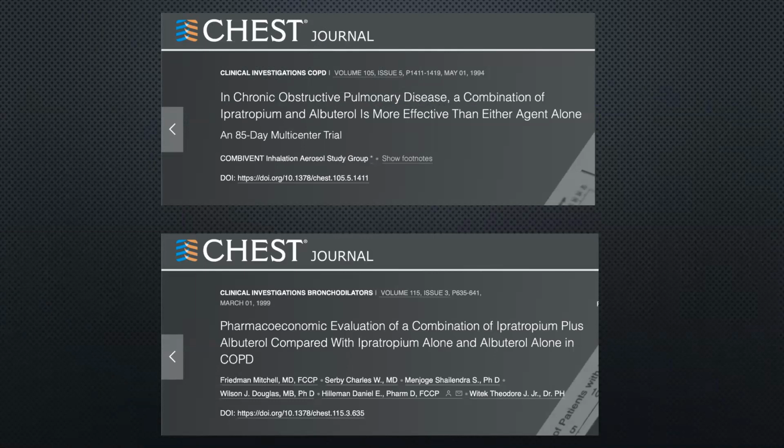The bottom study showed that using them together showed fewer exacerbations. And that's the CombiVent Respimat that you can order for patients. Not a lot of people are on it.